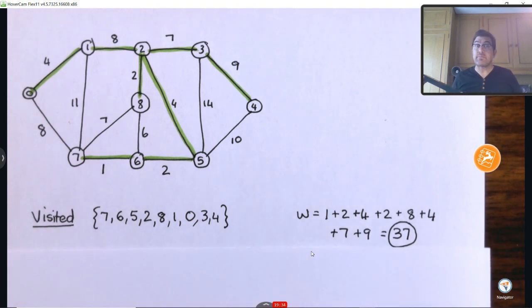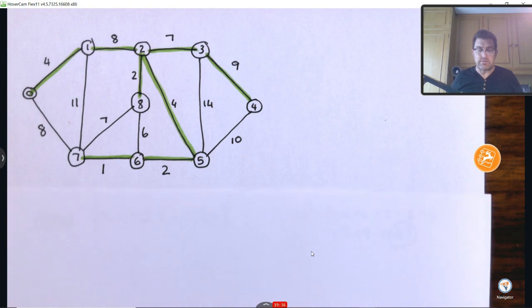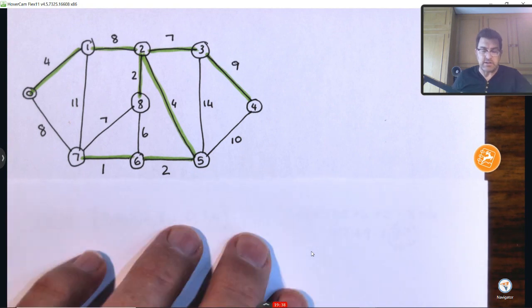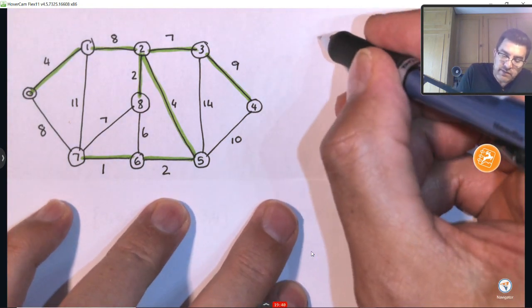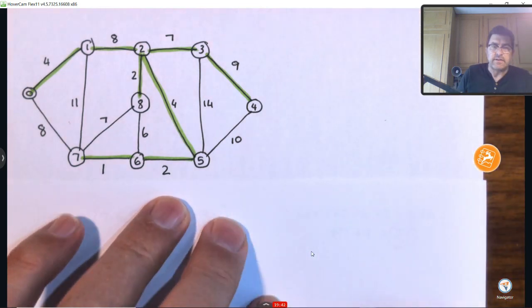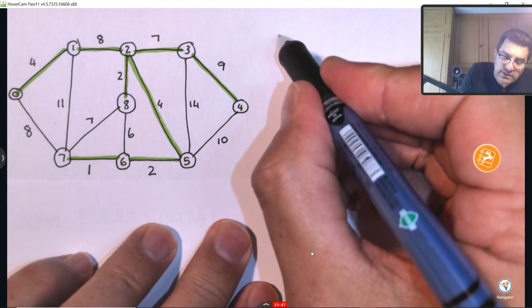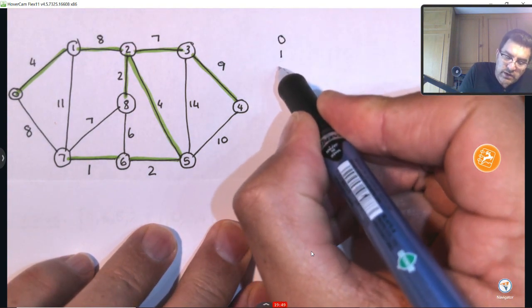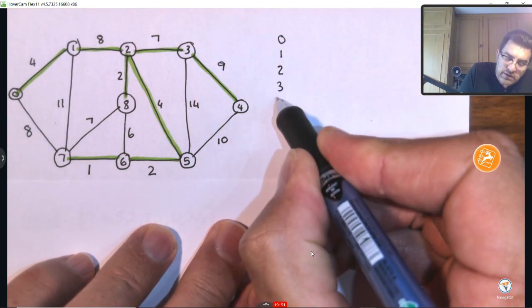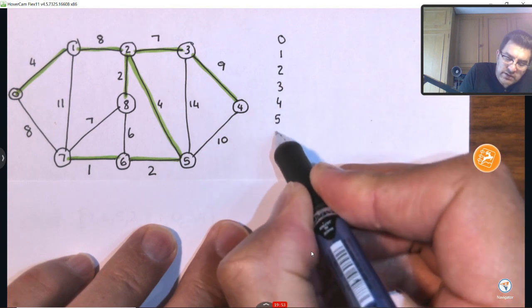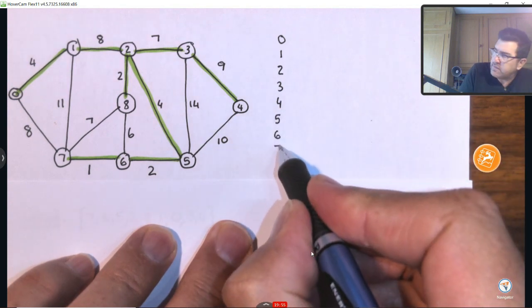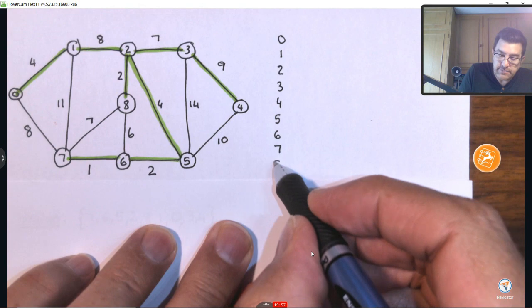Okay, that's using Prim. Let's go and use our idea of an adjacency matrix. There's vertices again. Let me just move and make space for us. There's vertices 0, 1, 2, 3, 4, 5, 6, 7, and 8.